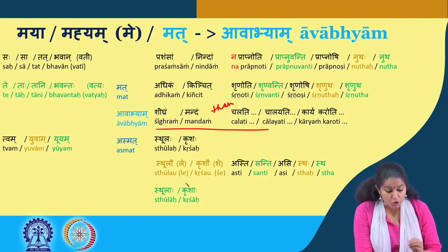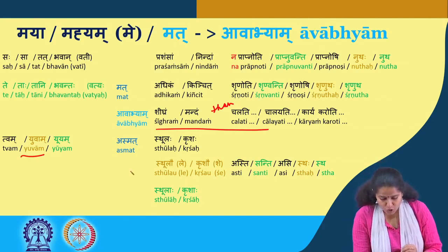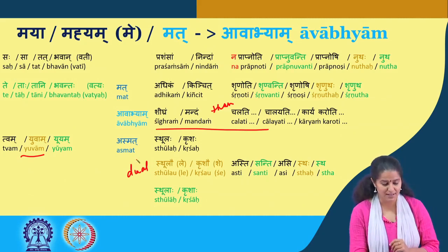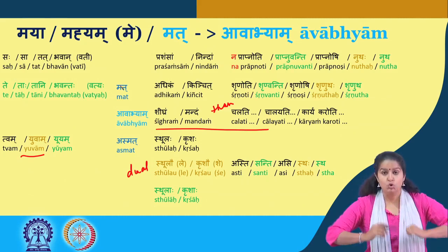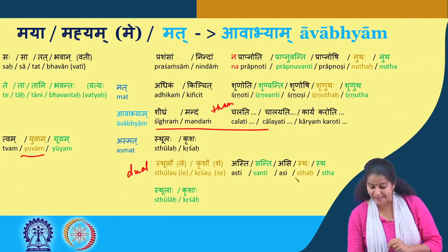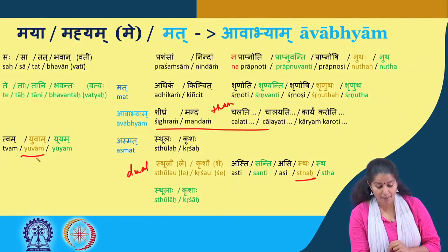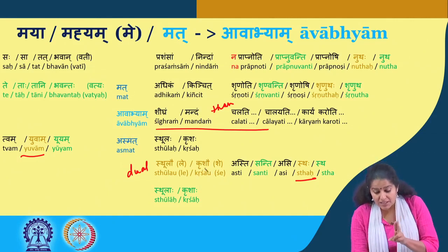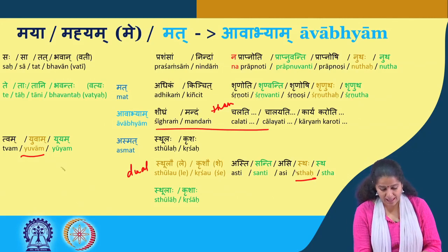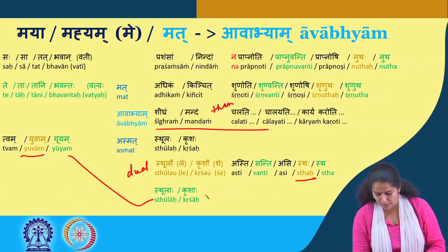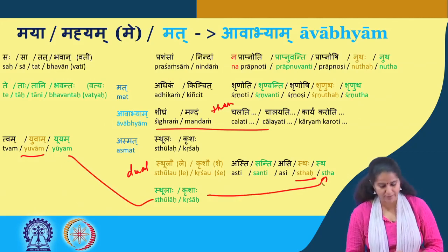Now, if you're talking of the yuvam, you see here we have the dual case. So, yuvam mat sthulau, and then sthaha, it will have to go there. Next, yuvam, you can say mat or avabhyam, any of them, krishau sthaha, and the plural of course will go here and it will go in there.